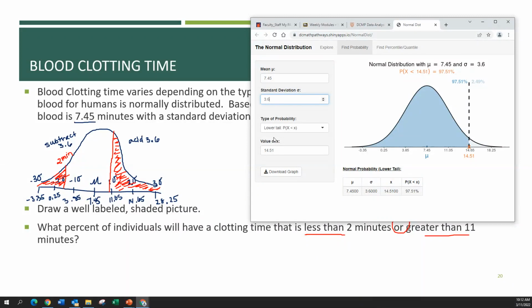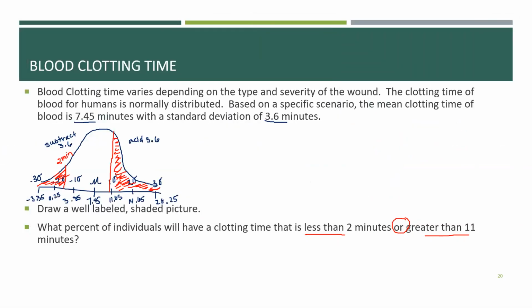And because this is not overlapping, I'm going to do each probability separately. That means the first one I'm going to do is the lower tail, and I'm looking for the percent of values less than 2. So doing that one, I get 6.5% is less than 2. So right down here, 6.5%.